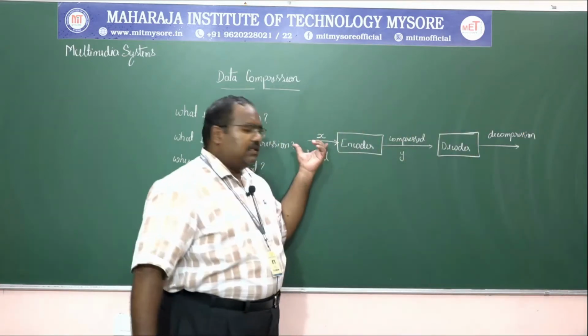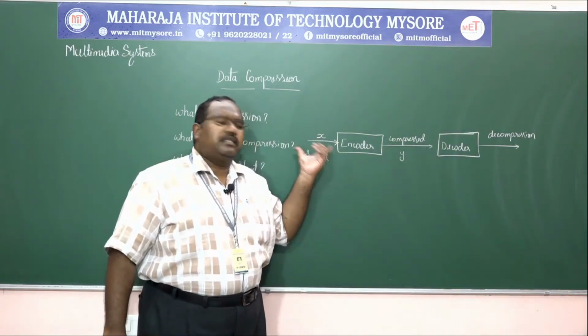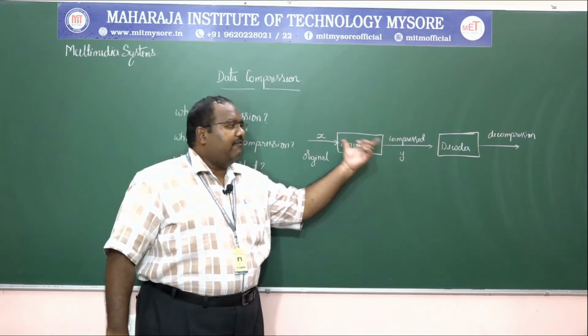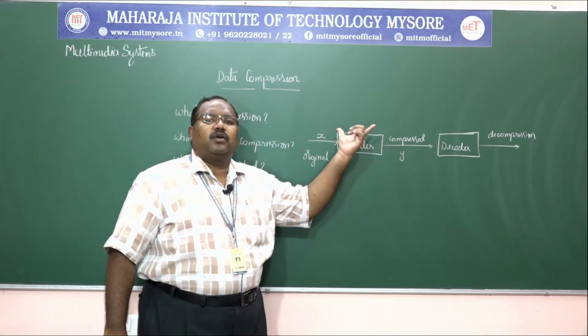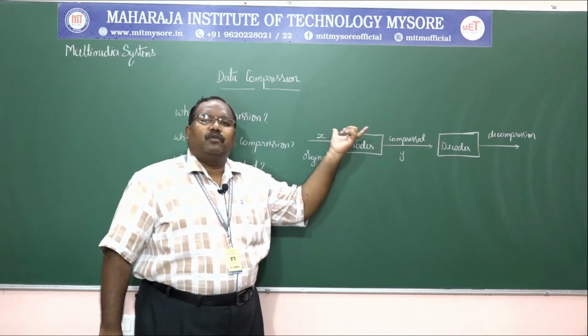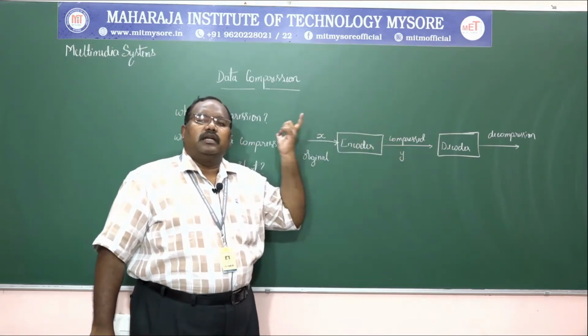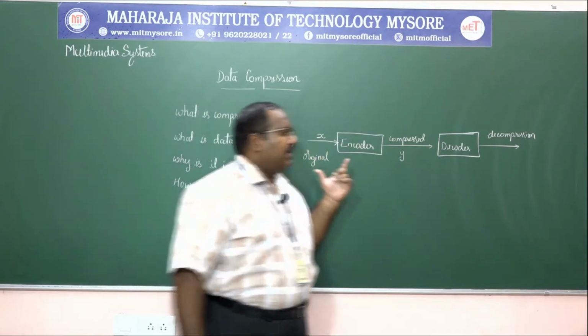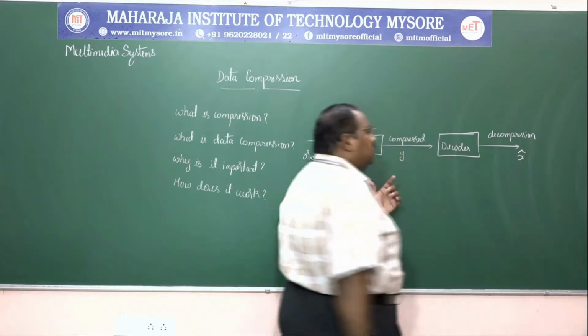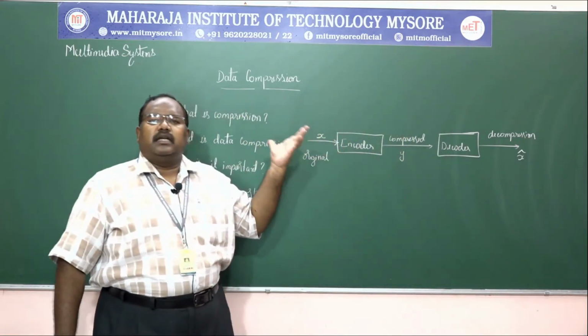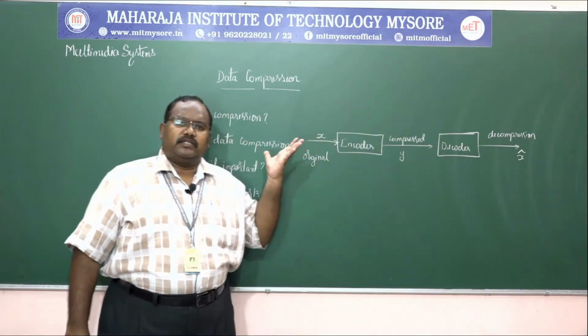Look at this: the data X is compressed into Y, and if you want to get the original data back, we decode it. The process called decoder is there, and the process of decoding is called decompression, and what we get is the data X cap. So this is the basic data compression concept. Very simple.